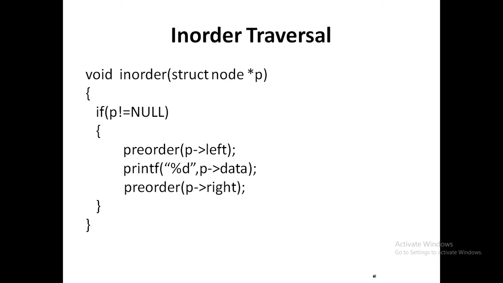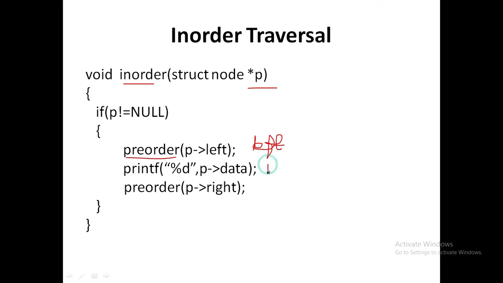Then the routine. It is also a recursive routine. This is a function where we are passing the tree, and if the tree is not equal to null, first we visit the left subtree by using the recursive call of left.